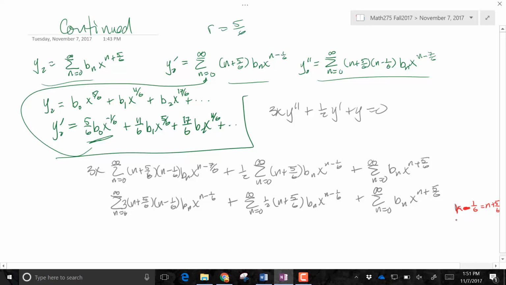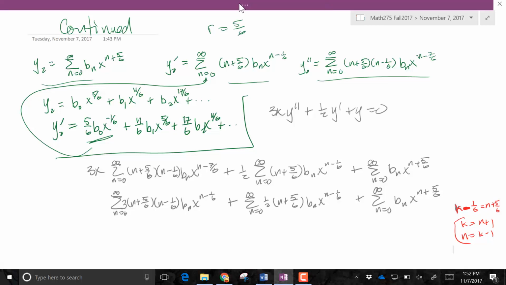So we're essentially adding or subtracting 1 to this. So k is equal to, if we bring it over to the other side, n plus 1, or n is equal to k minus 1. So the shift is still a plus 1 or a minus 1 because we're dealing with indices here. And I hope it works out like that.